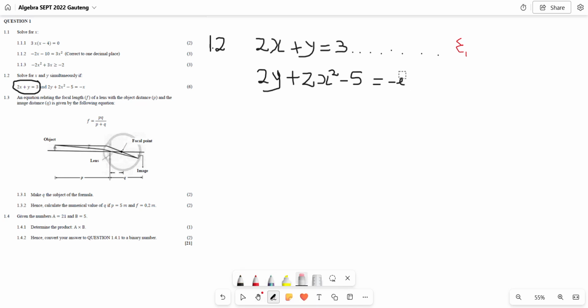Let us write that again so that it is clear to anyone. Negative x. Then this is equation number 2.